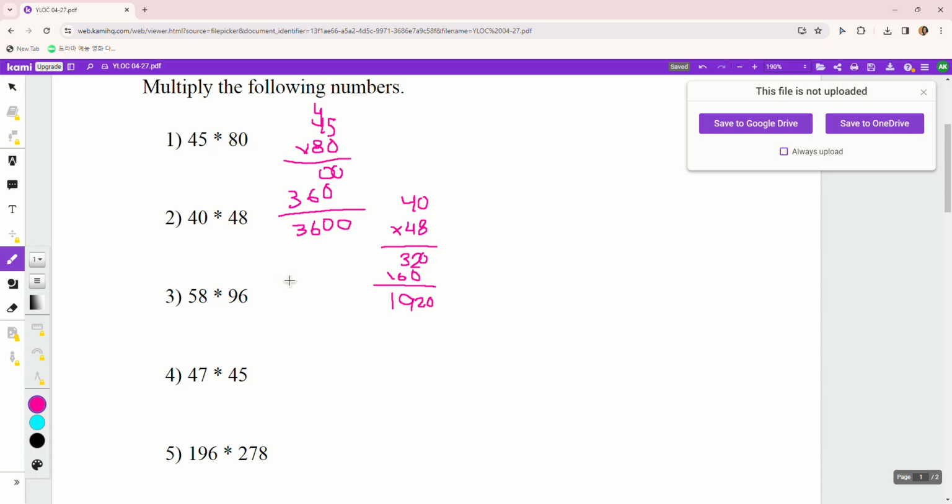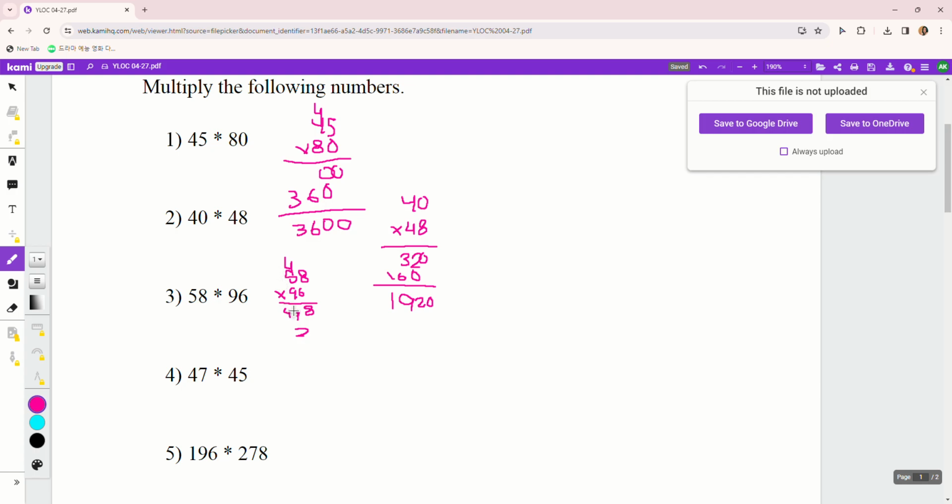Next is number 3, 58 times 96. 8 times 6 is 48, and the 4 goes on top. And 9 times 5 is 45, and plus 4 is 49. And 9 times 8 is 72. So the 7 goes on top.